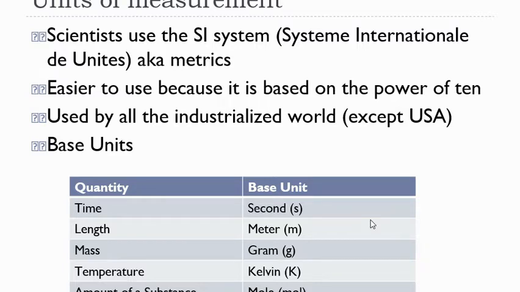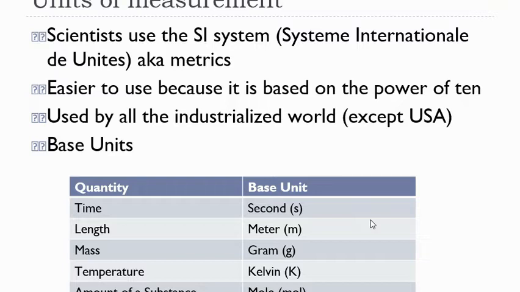So the metric system is used by the industrial world except for the United States. We don't use it because we're kind of stuck in our old ways. People have just never wanted to change. They tried back in the late 70s, early 80s to get people to change. That's where you started to get things like a 2-liter bottle.